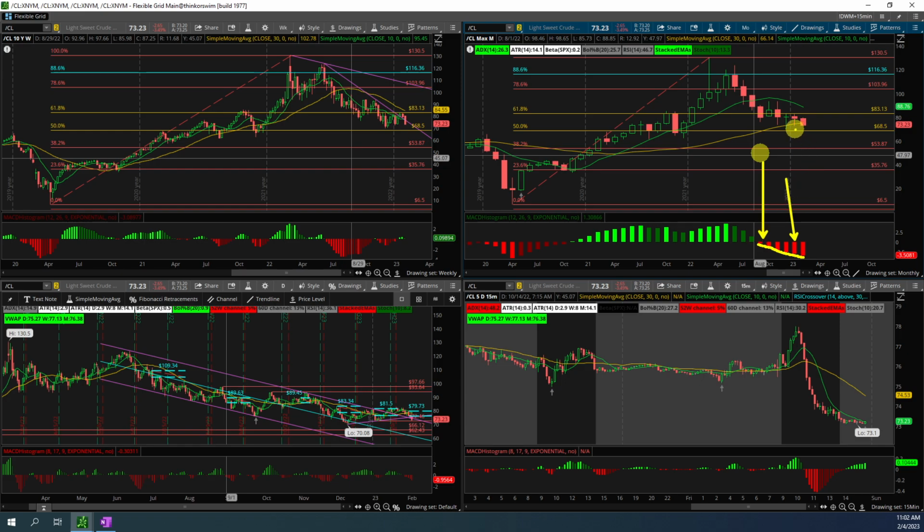On January, it really failed to move above the December candle. That one there, it was a doji, kind of like moving to the upside.